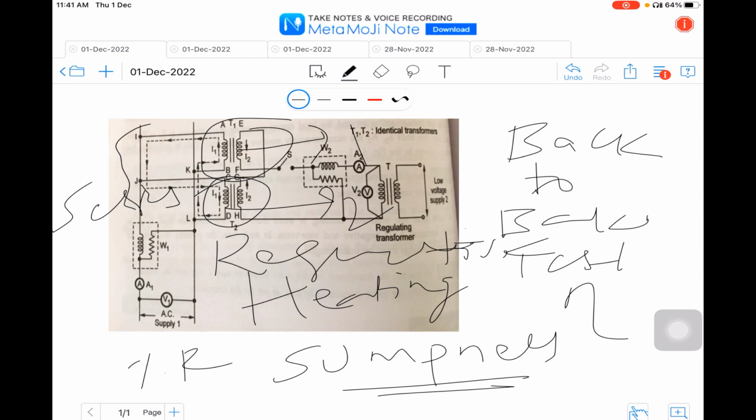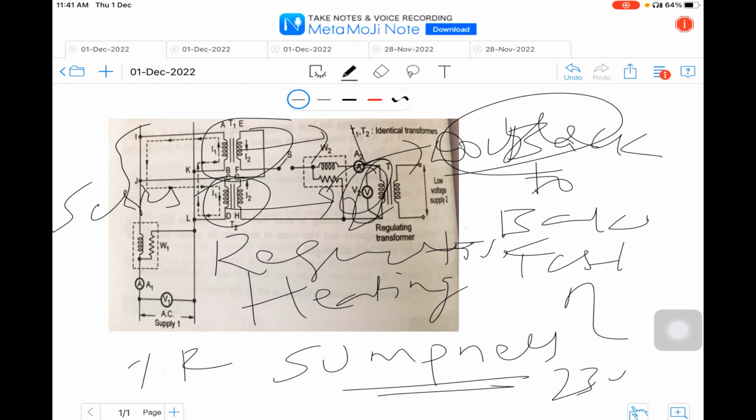You can observe here that they are connected in series. This can be checked using a voltmeter, so the polarities can be read across the voltmeter connected here. The range of this voltmeter should be double. If we are applying 230 volts, the range of this voltmeter should be 600 volts.